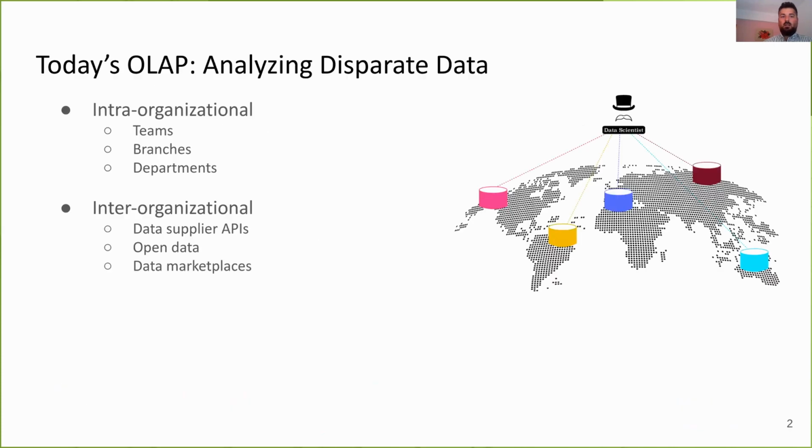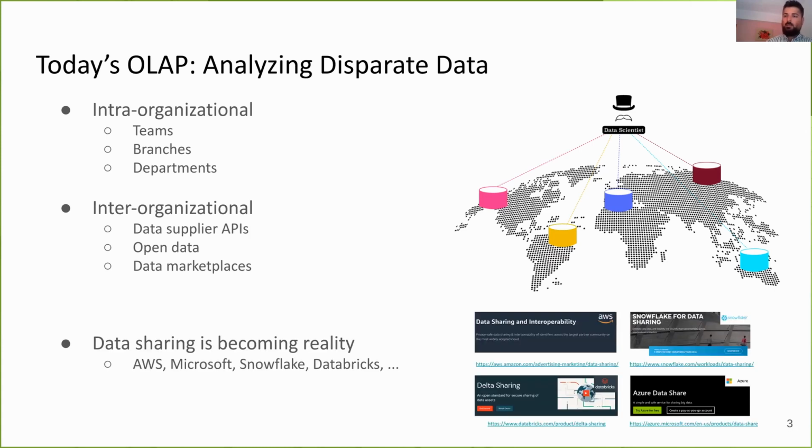All right, so let me start with today's data landscapes in organizations. Typically organizations have multiple databases across the world, and they need to analyze the data stored on those databases. Use cases range from intra-organizational, where we have multiple teams or branches collaborating, to inter-organizational, where organizations need to enrich their data sets with external data, for example, through data marketplaces.